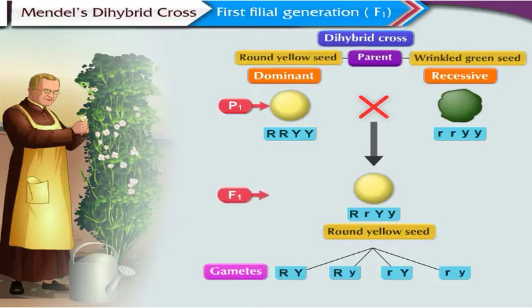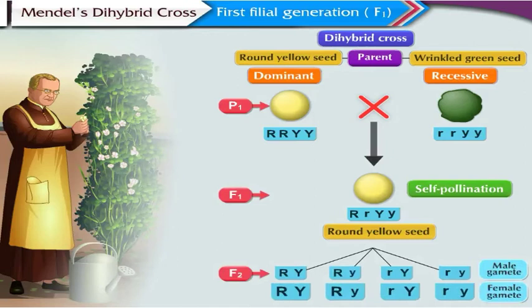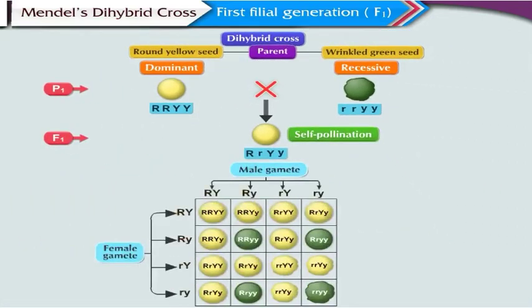When the F1 generation plants undergo self-pollination, they give rise to the second filial generation, that is, F2. The four types of male gametes and the four types of female gametes give rise to 16 different possible combinations.